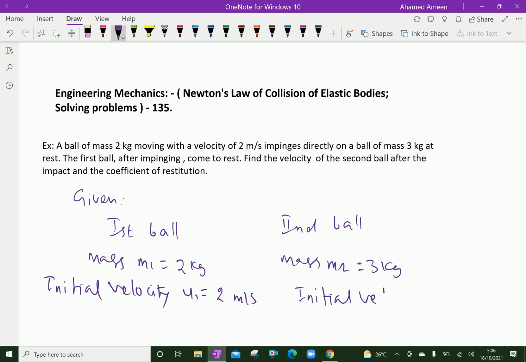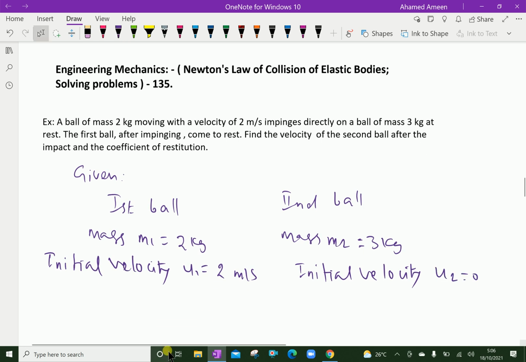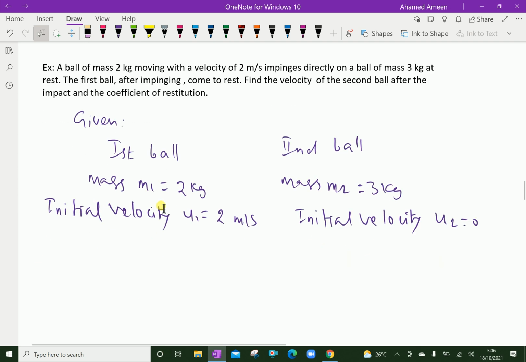Initial velocity of the second ball, u2 equals 0 meters per second.